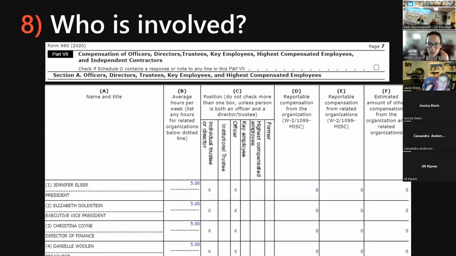Who's involved? We were in part 4, now we're going to part 7, compensation of officers. This is where you will find everyone who is highly ranked in the organization.